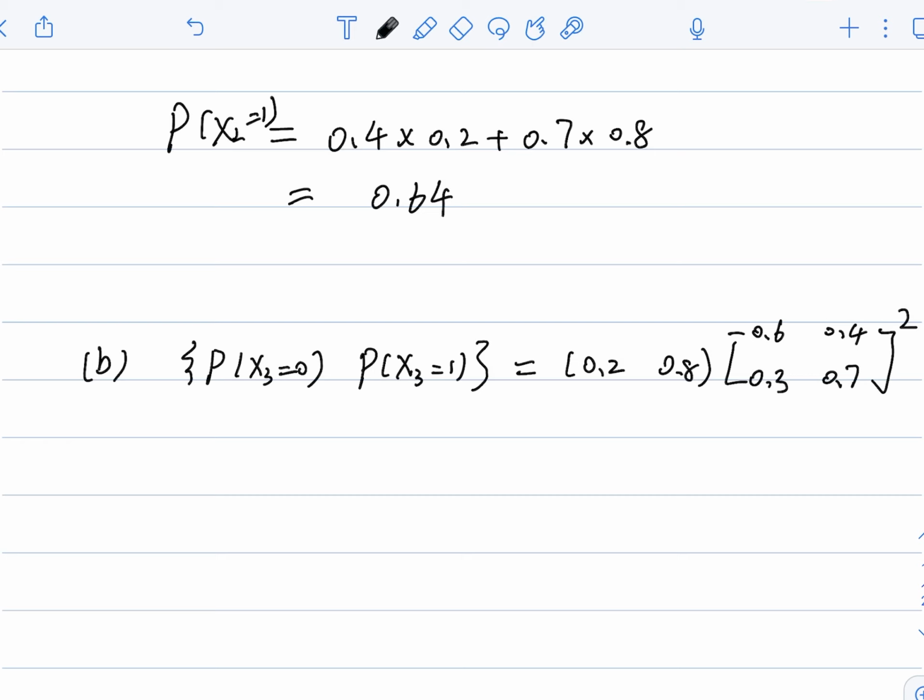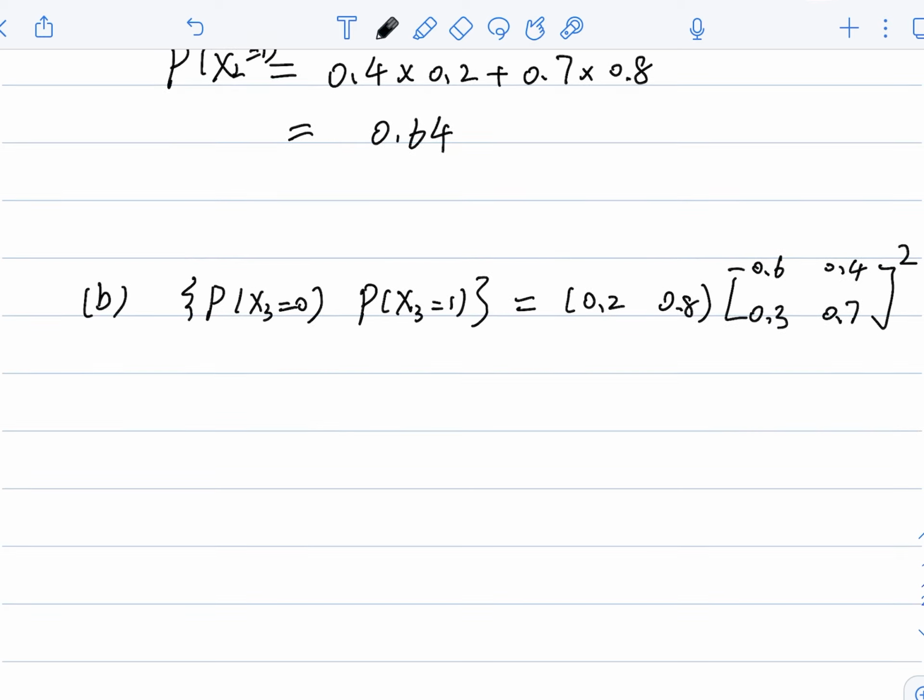When x1 equals 0, the probability is 0.2. And the right part is the conditional probability matrix. By calculating this equation, we can get the answer. From the result, we know that the probability that x3 equals 1 equals 0.592.